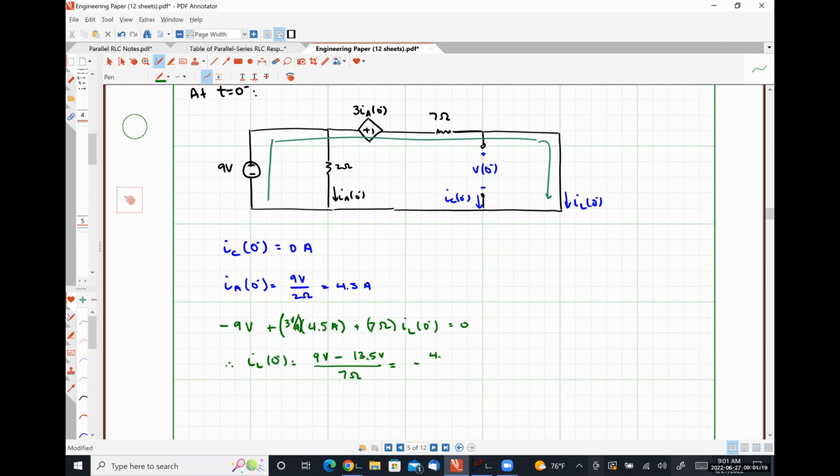That's negative 4.5 over 7, or negative 9 over 14 amps. So that's IL at 0 minus.